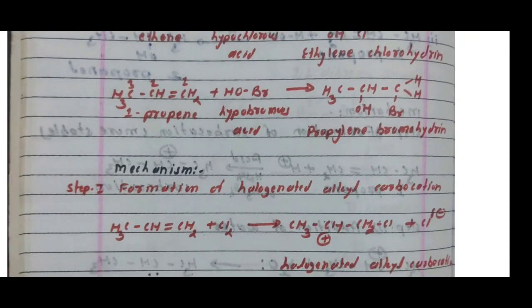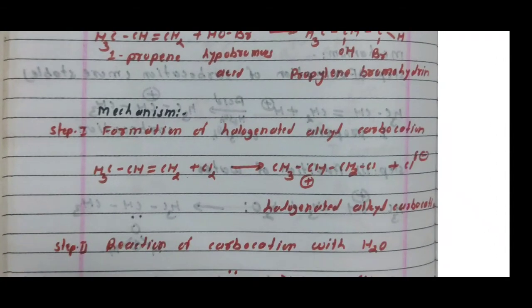Then we study here the mechanism of these reactions. There is a 3-step mechanism. Step first, formation of halogenated alkyl carbocation. Initially halogen adds to alkene to form halogenated alkyl carbocation.